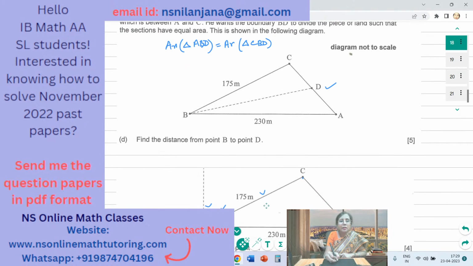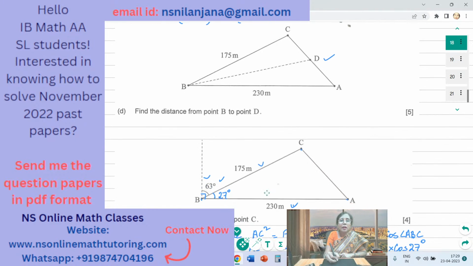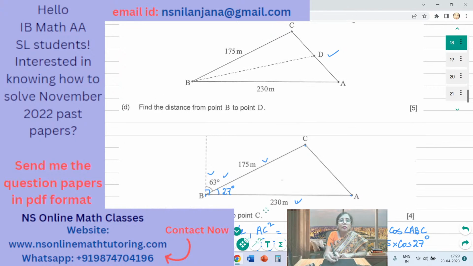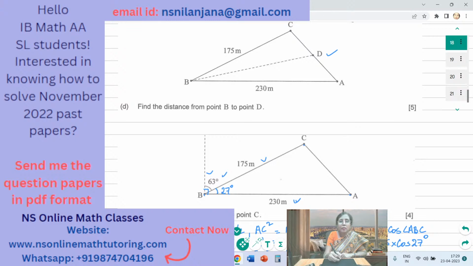Hope you are able to see. Part B says find the distance from point B to point D. What information are we having?